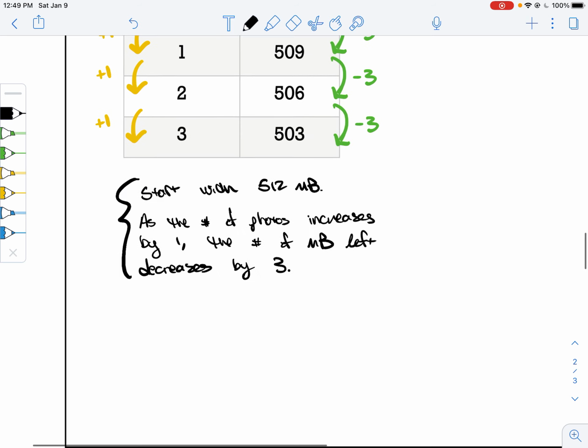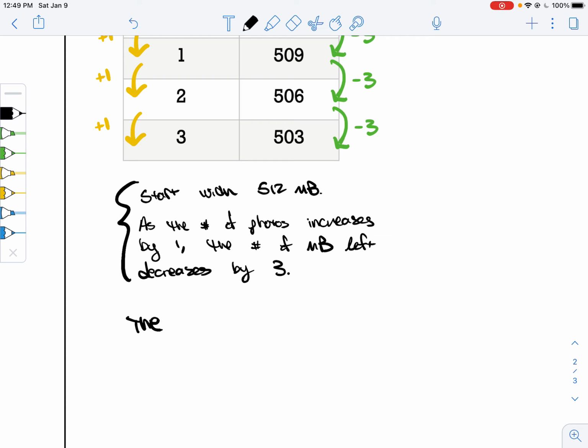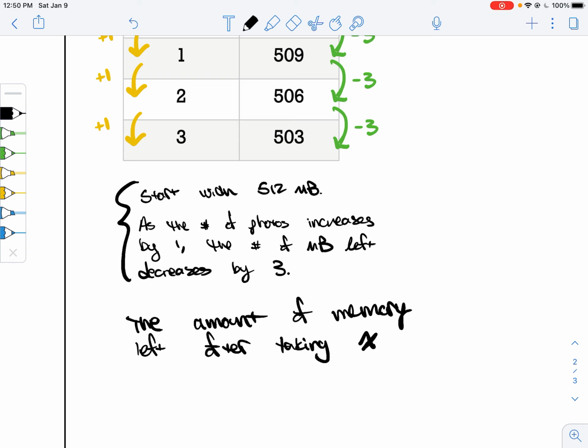Another way to describe it is you can say, the amount of memory left after taking X number of photos is 512 minus 3 times the number of photos taken.